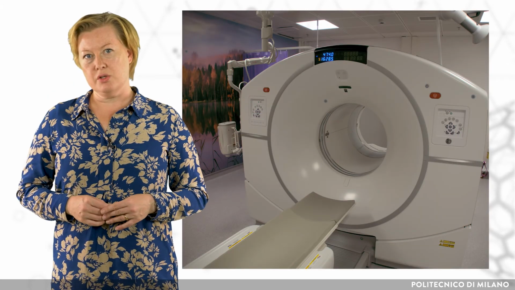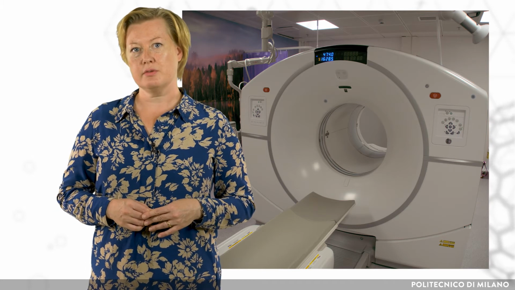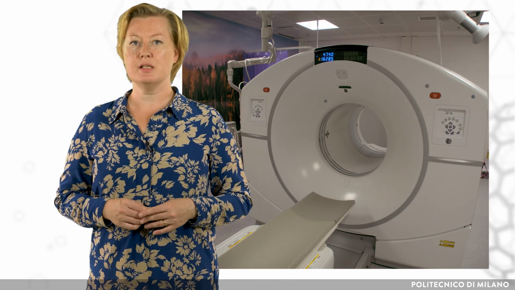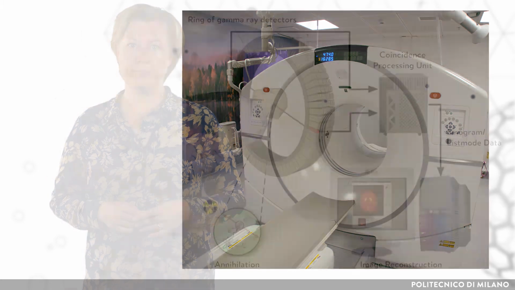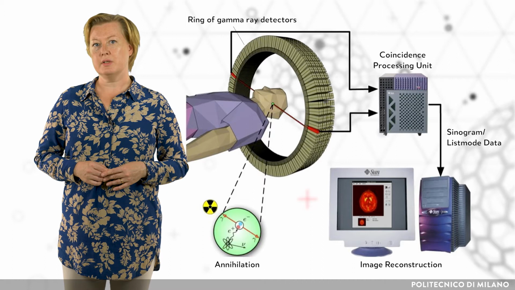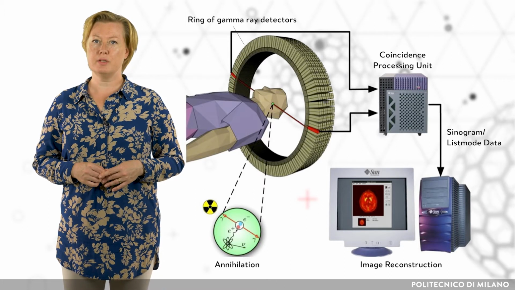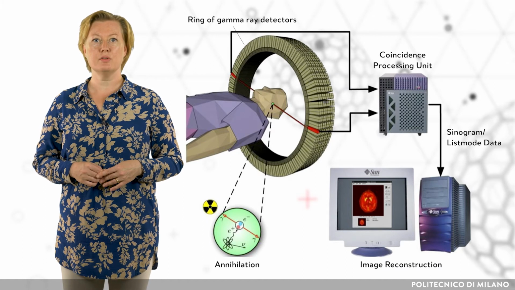In the PET imaging system, the radioactivity signal is detected by different crystals cylindrically arranged around the subject. The crystals detect two gamma rays of 511 keV ejected 180 degrees apart from the annihilation of a positron.